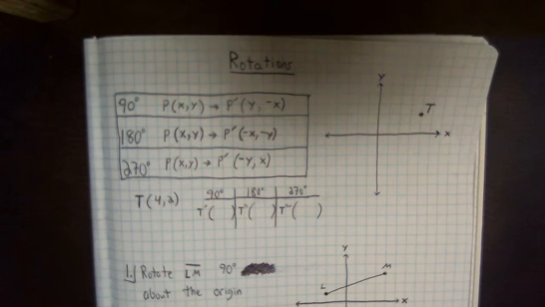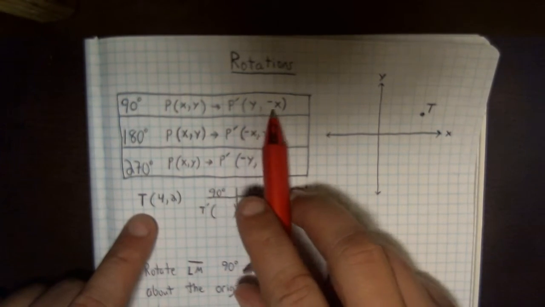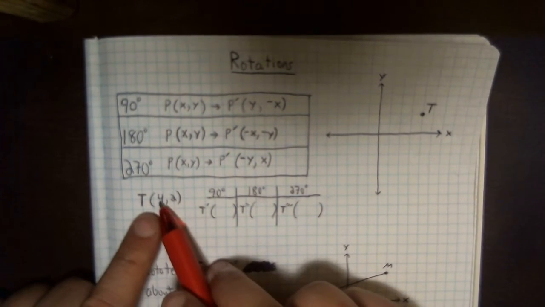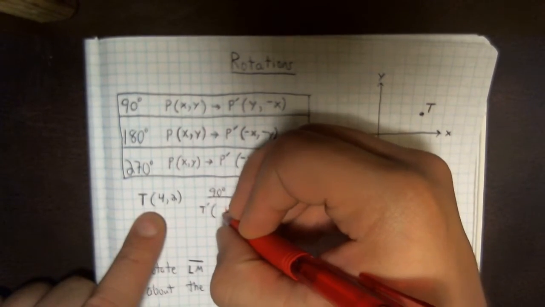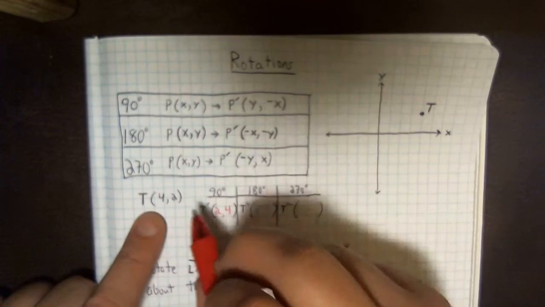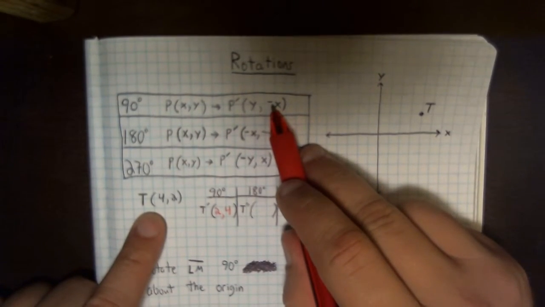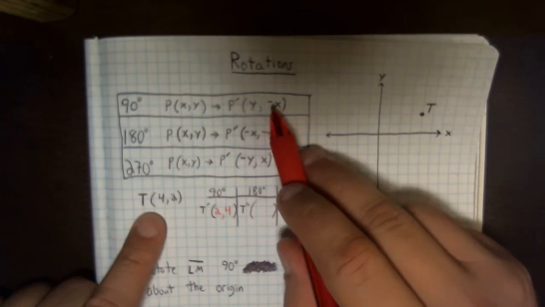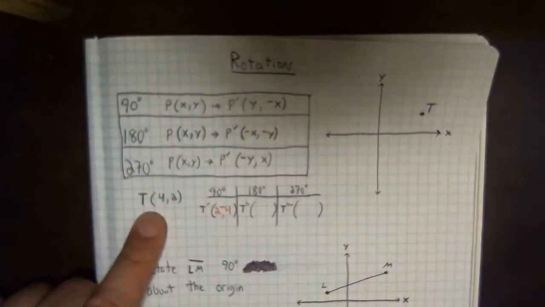So my instructions tell me that I'm going to switch my x and y. So I know that 4 is going to go over here, and 2 is going to go over here because I switched them. And important is that it tells me that x becomes the opposite sign. So originally x was positive, that makes x now negative.